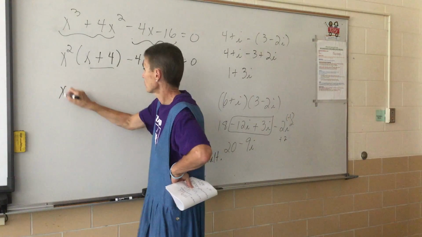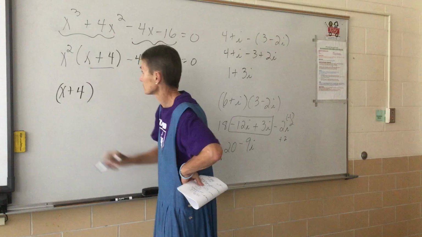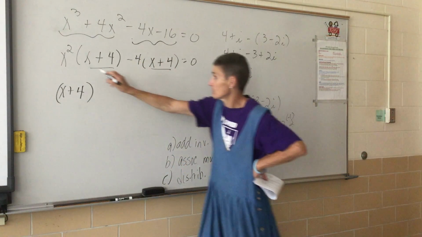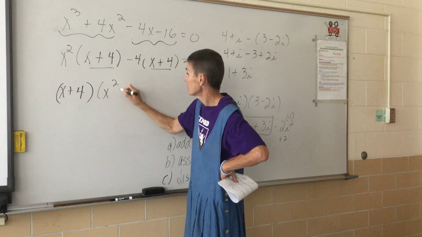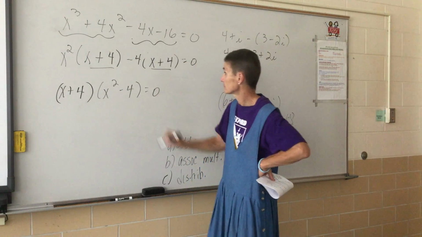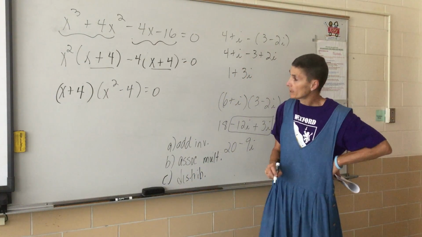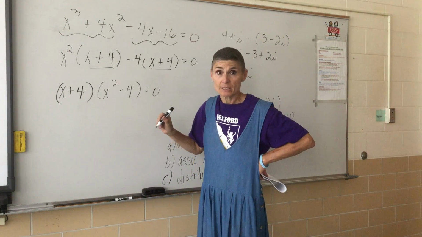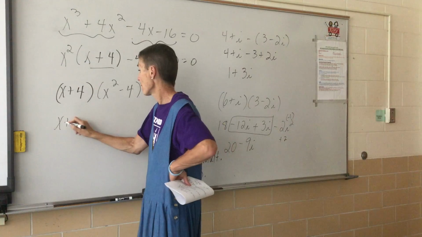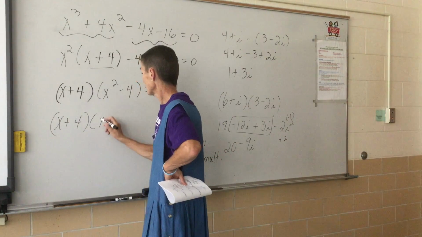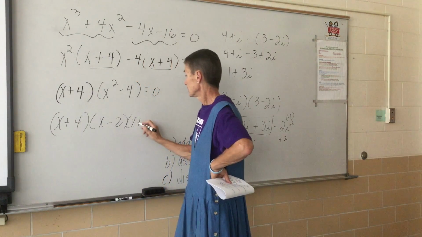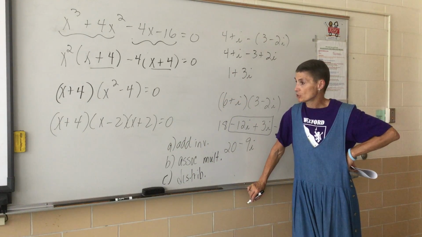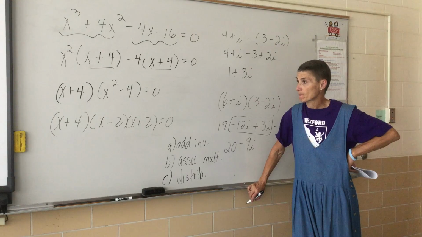So x plus 4, and then what's left is the x squared minus 4, which everybody knows is the difference of squares, and factors as such, x plus 2, x minus 2.